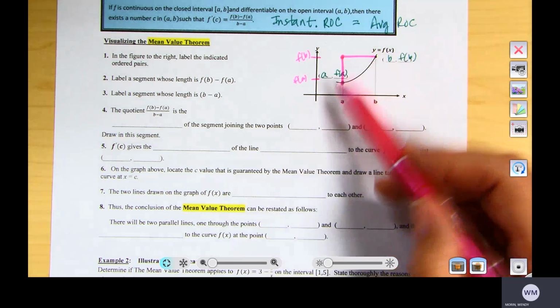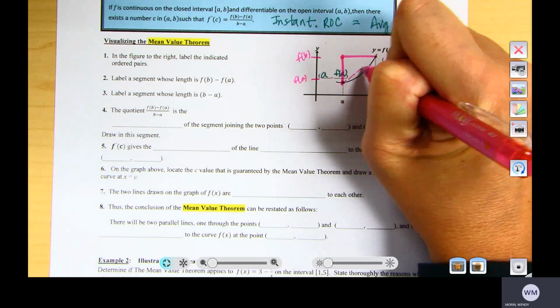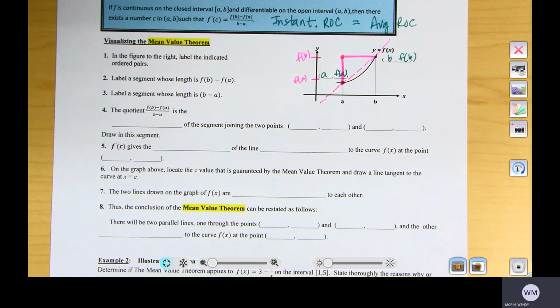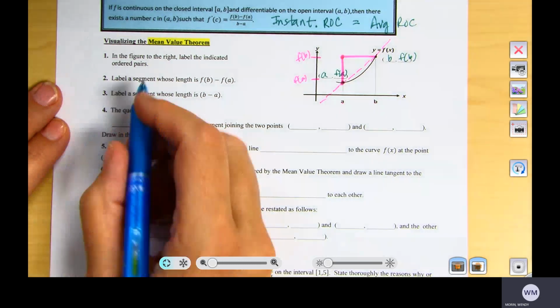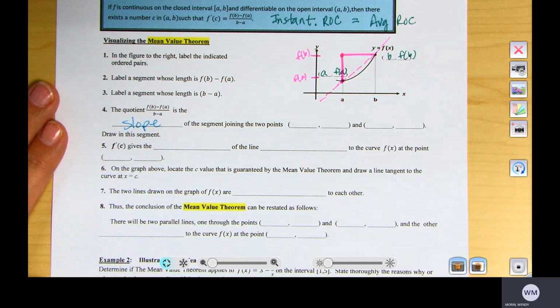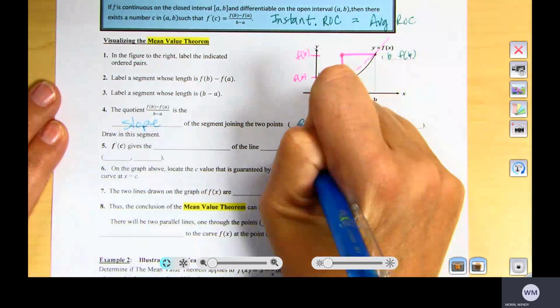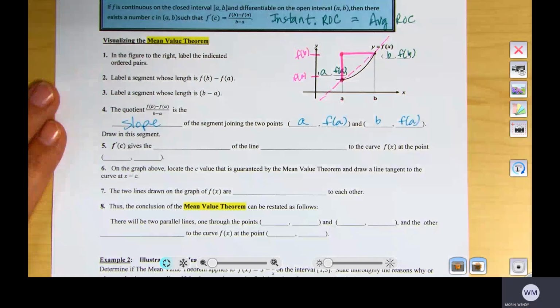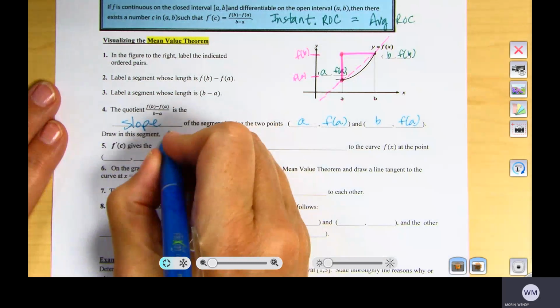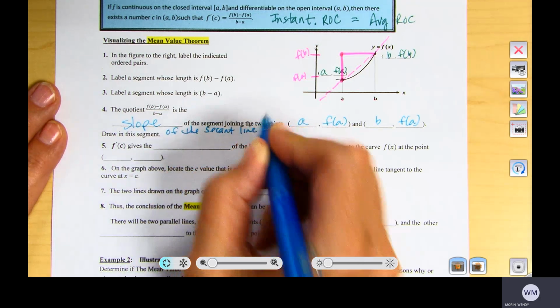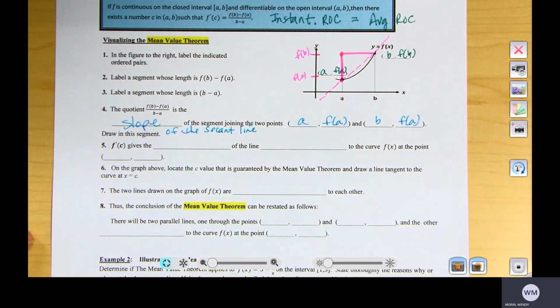That's the slope of the secant line. So that quotient is the slope of the segment joining the 2 points, a, f of a, and b, f of b. That's the slope of the secant line.